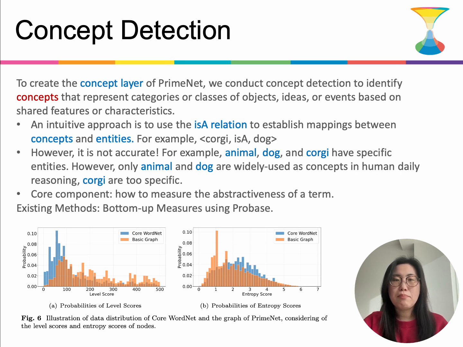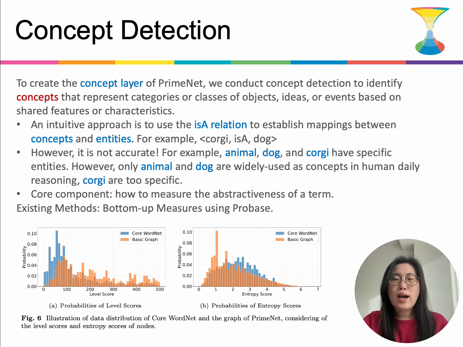Existing methods are mainly bottom-up measures using Probase. It is a large-scale probabilistic knowledge base. It organizes a huge number of IsA relationships. Existing methods use the leaf nodes as the most specific terms, and they are considered as the first level.